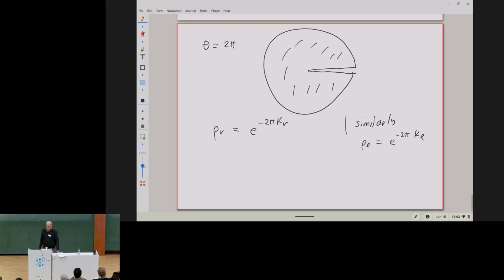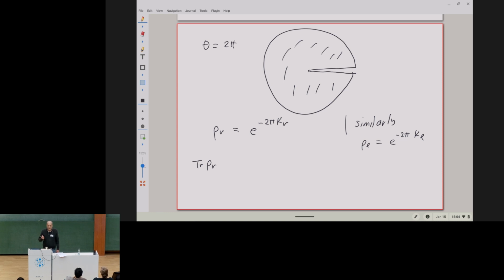Now, a question you might ask me was whether this density matrix is correctly normalized. So how do we compute the trace of rho right? Well, in general, to compute the trace of an operator, you sum over all its diagonal matrix elements.